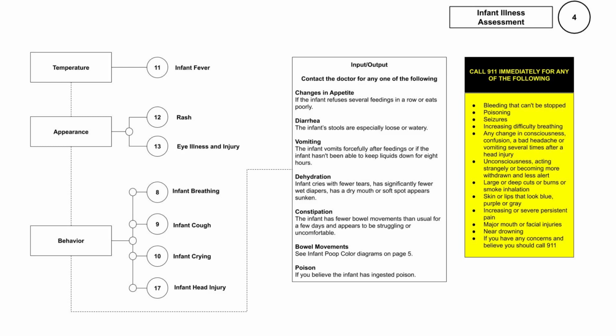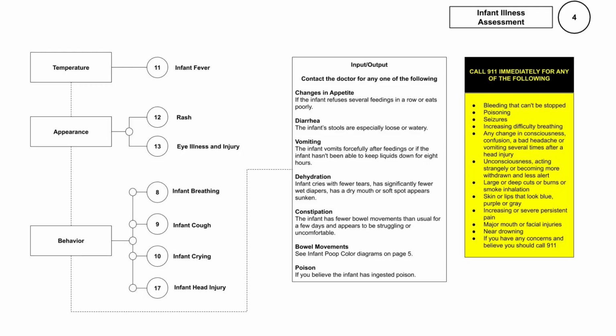There's also a list on page 4 of the textbook of things that we need to call 911 immediately for. Bleeding that can't be stopped. Infant has ingested a poison, seizures, increasing difficulty in breathing, any change in consciousness or confusion or a bad headache or vomiting several times after hitting their head, any kind of unconsciousness or unresponsiveness, large deep cuts or wounds, inhaling smoke, skin or lips that look blue, purple, or gray, increasing or severe pain.